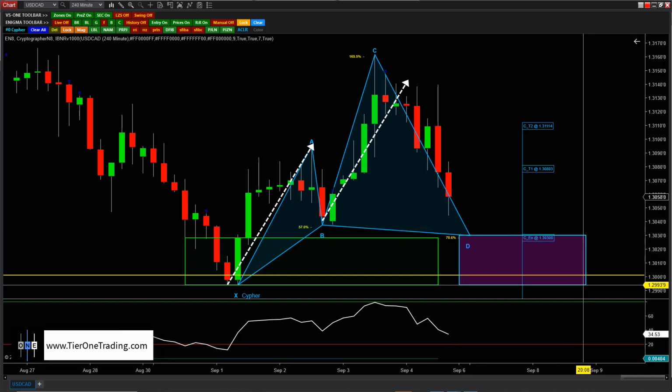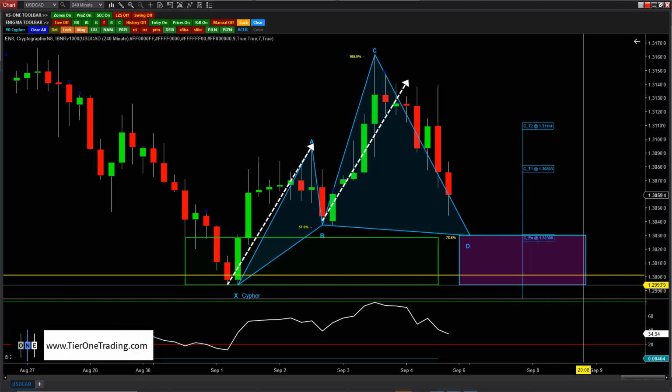Now, why we want to talk about the higher time frame analysis as well is because there's different ways to play this. Obviously, if you are a pattern trader who trades it as just a strategy, you can just use this and trade it in its own right. Take target ones, take target twos, however you get down. However, if you are someone who is seeing this as an opportunity to get involved in what may be a bigger reversal, this could be used as an entry reason for that bigger reversal pattern.